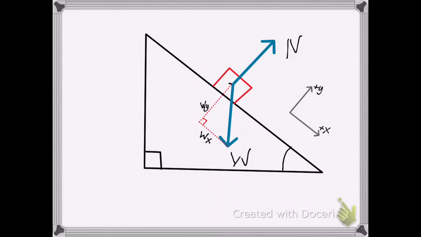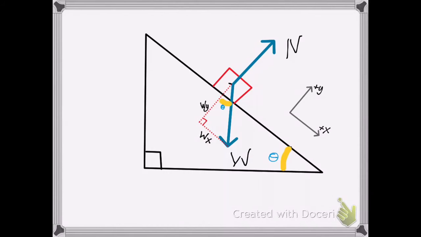We have this angle down here labeled, and fun fact, with a bunch of geometry proofs, that angle down here is actually the same as the angle in here. So that theta here is equal to this theta here.